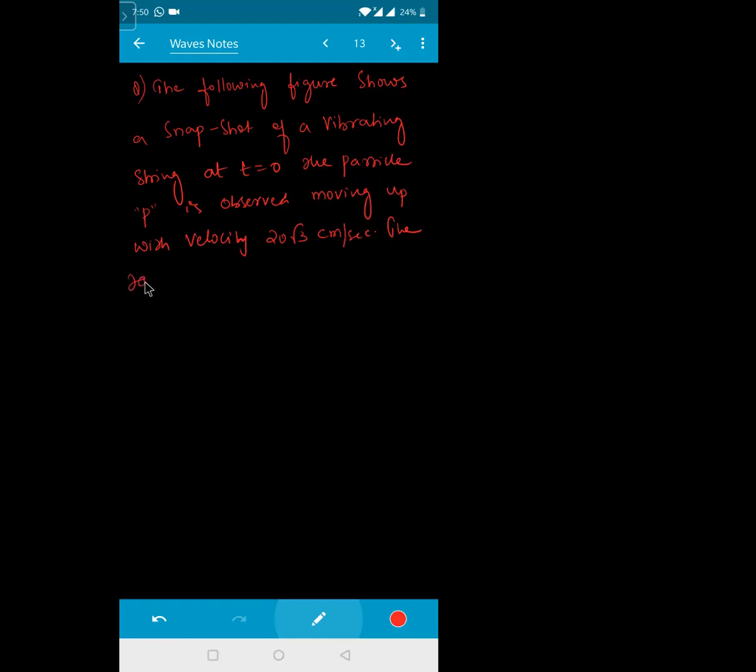The tangent at P makes an angle of 60 degrees with the x-axis as shown in the figure.